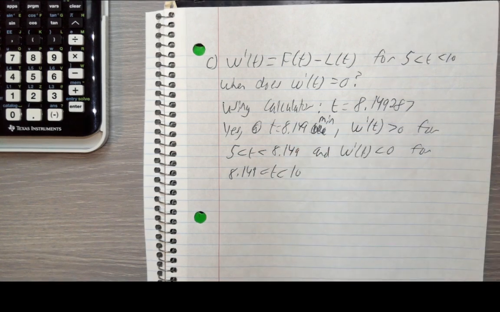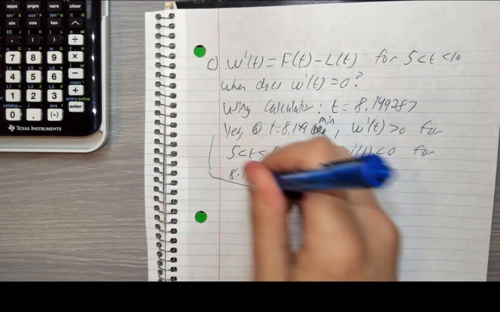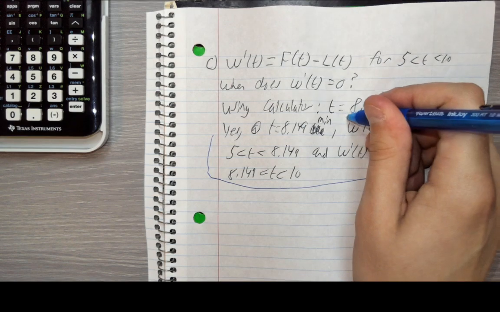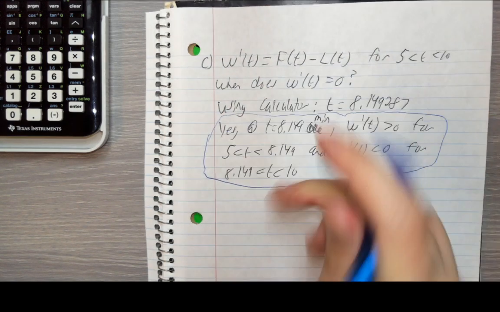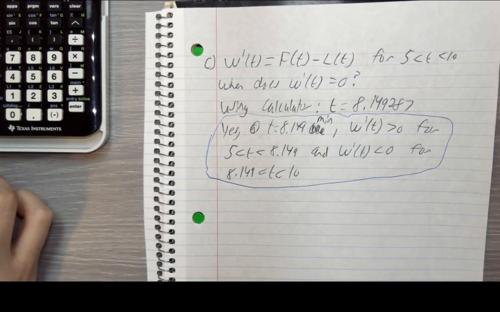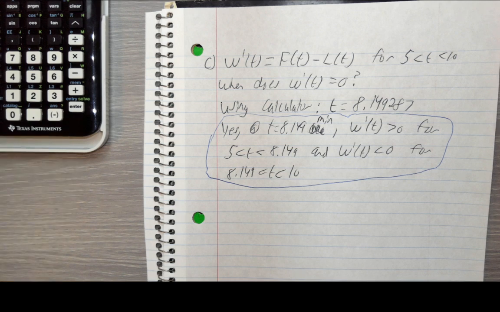So this would be my final explanation. So yes, there is a time at which the rate of change of volume of water changes from positive to negative. Reason being is because from 5 to 8.149, the derivative is greater than 0. And from 8.149 to 10, the derivative is less than 0. So it has to change from positive to negative.